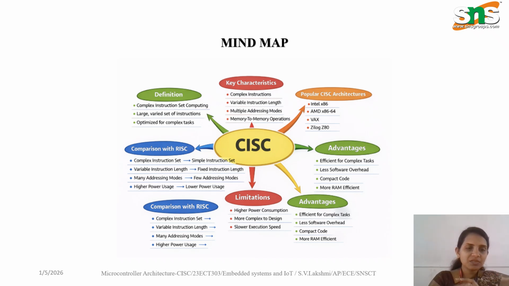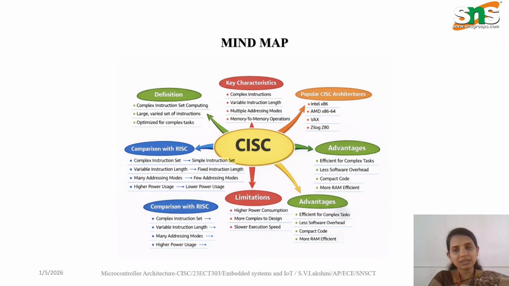And the comparison with RISC: CISC has variable instruction length, memory addressing modes, and higher power usage when compared with RISC. RISC has a small and simple instruction set with fixed length instructions, usually one cycle per instruction, and it is mainly used for more general purpose.